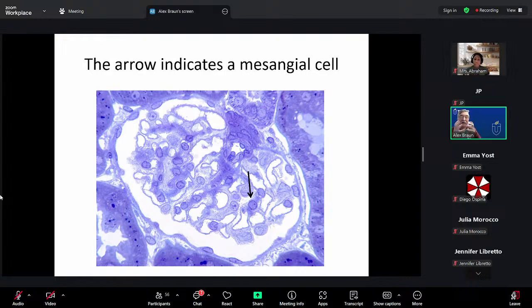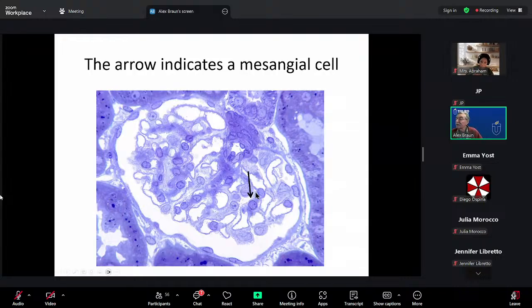Now, between capillary loops, they're being supported by a stalk of interstitial tissue. The stalk of interstitial tissue forming a pedestal or support for the capillary loops is the mesangium. And the mesangium consists of cells known as mesangial cells and extracellular matrix known as mesangial matrix. So here we see that stalk-like interstitial support for several capillary loops, which is the mesangium.